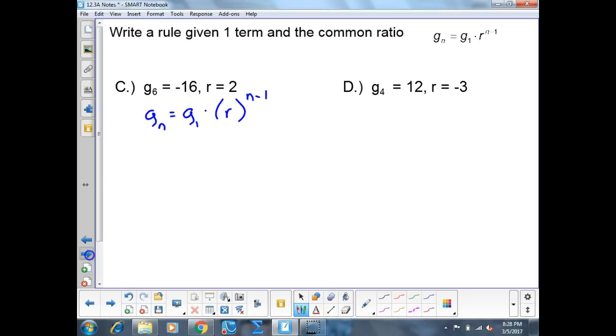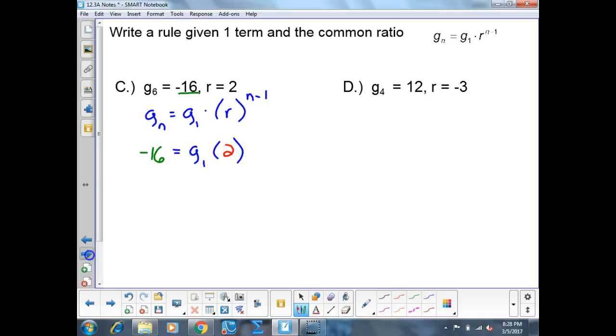If I know the fact that negative 16 is the 6th term, then negative 16 is going to be that term. My first term I don't know. My r value I know is 2.